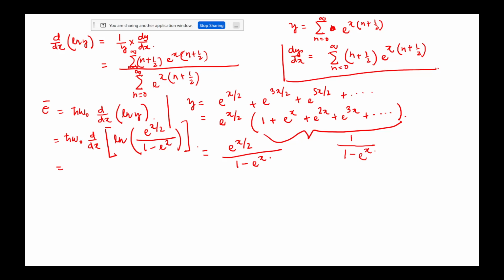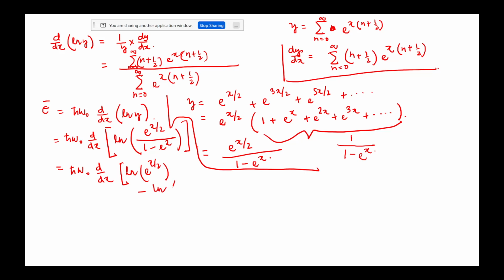So log of a by b is log a minus log b, so this will be h cross omega naught d/dx of log of first e to the power x by 2. So let me differentiate it.